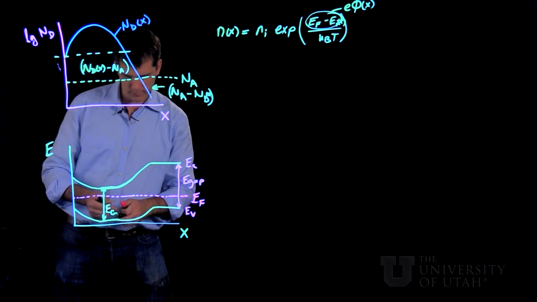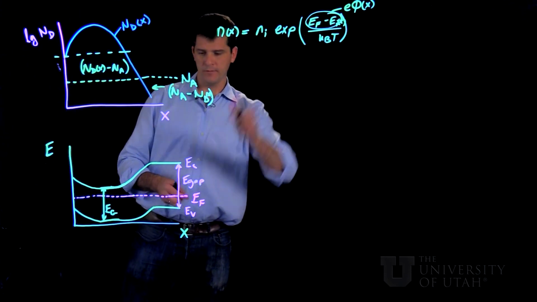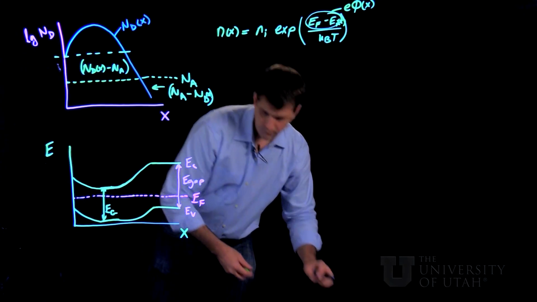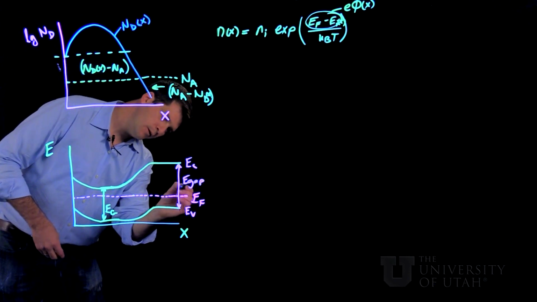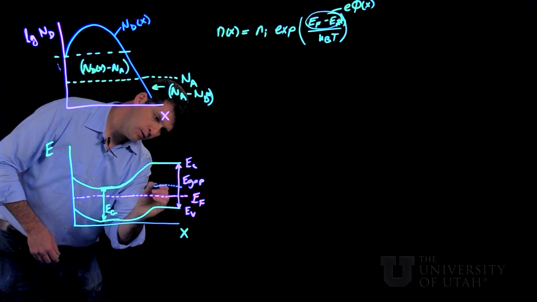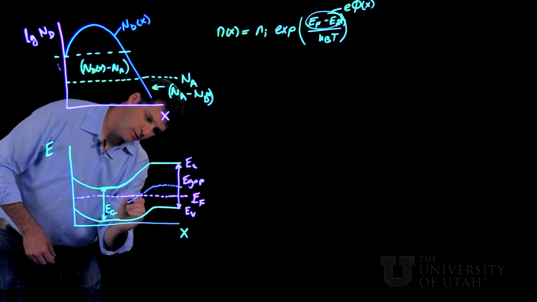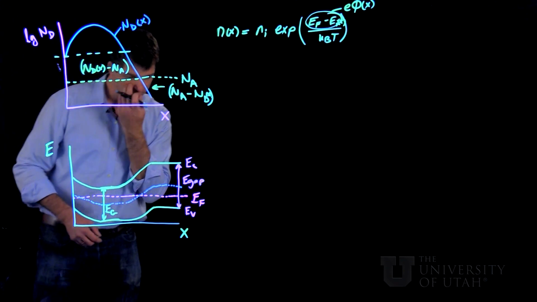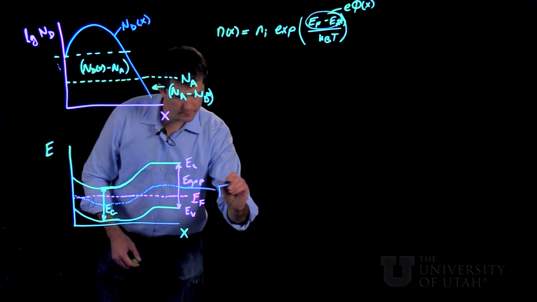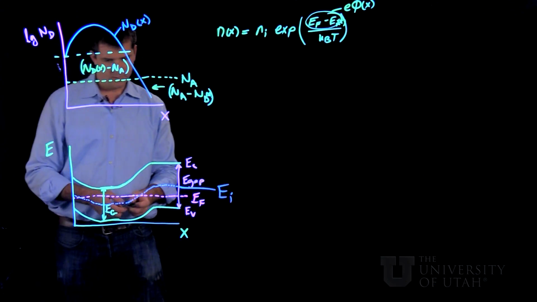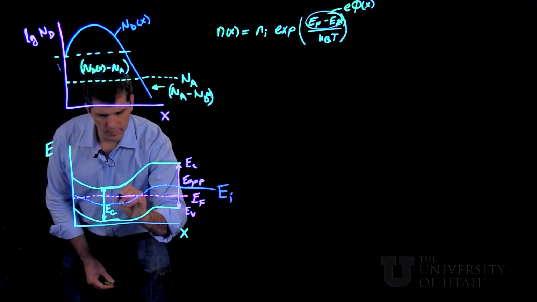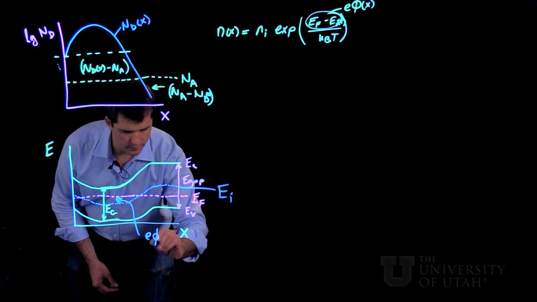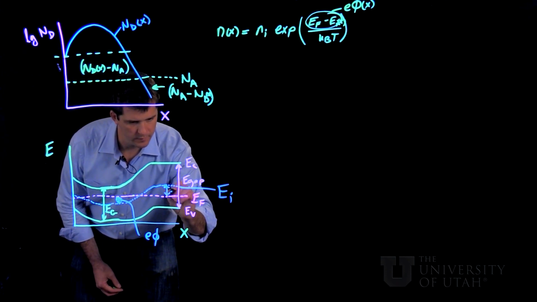And for completeness, we should revisit this idea of where E sub I is, and then talk about the built-in potential. So E sub I is always approximately in the middle of the band gap, especially for silicon, and it slightly deviates based on the effective densities of states. And our potential is then measured as the distance between these. So this is E phi here and E phi here.